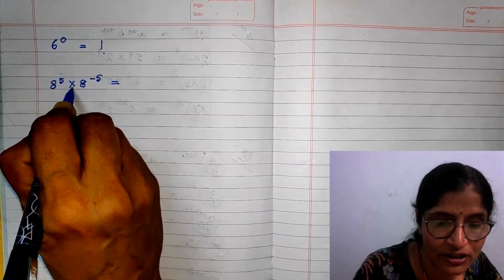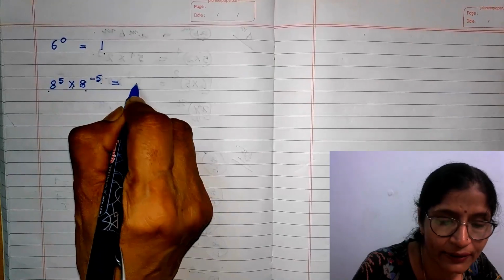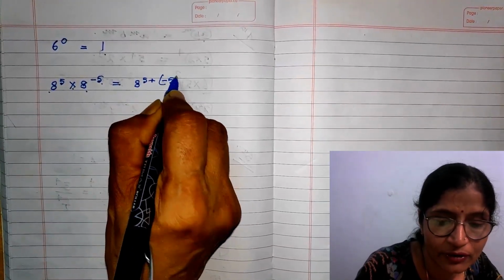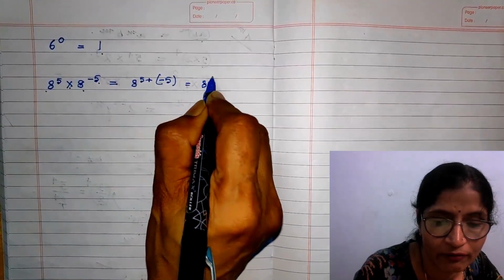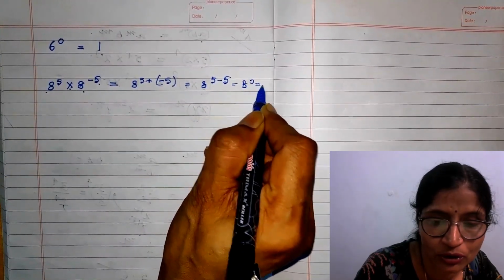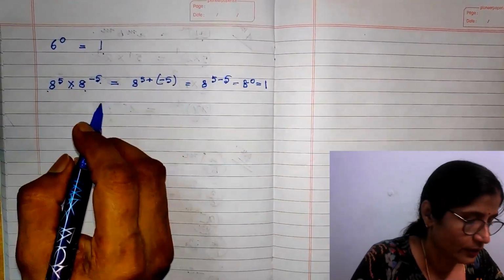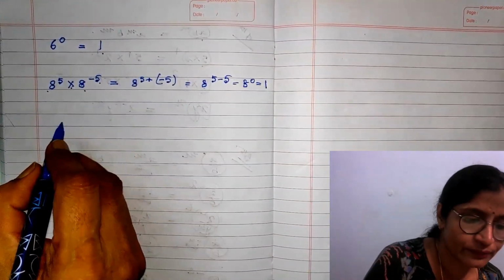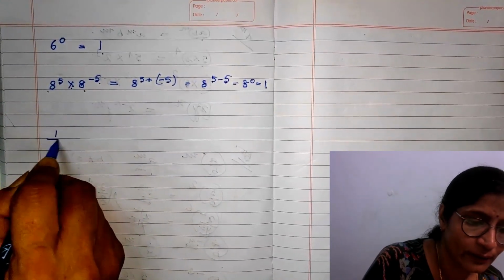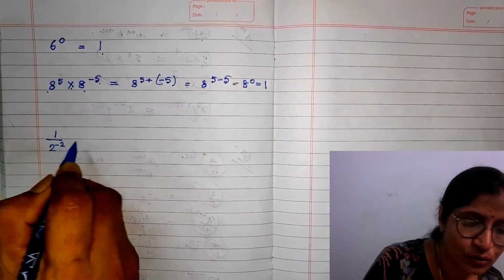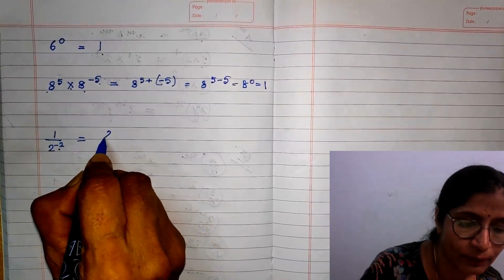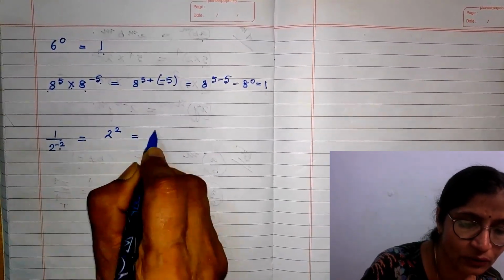Since it is multiplication and the bases are the same, powers will be added. So 8^(5+(-5)) is equal to 8^(5-5), which is 8^0, equal to 1. Next sum is 1 divided by 2^(-2). To make the power positive, I will take this 2 up, 2^2, that is equal to 4.